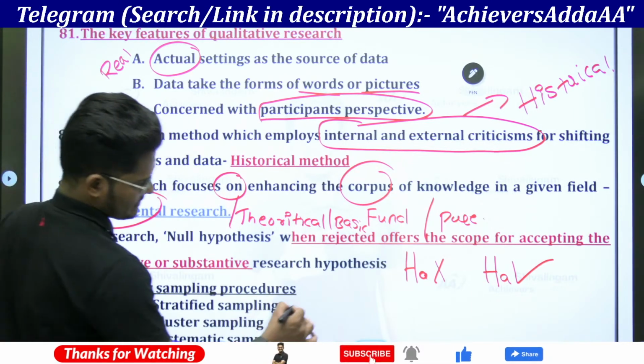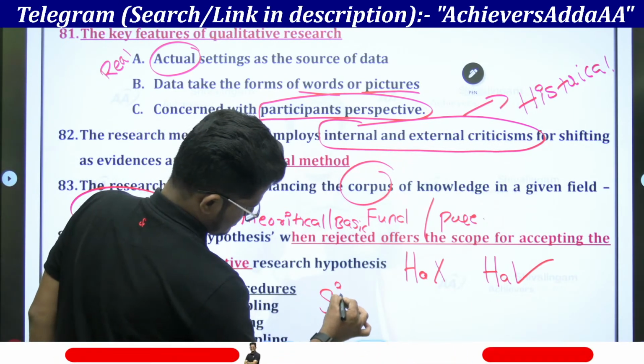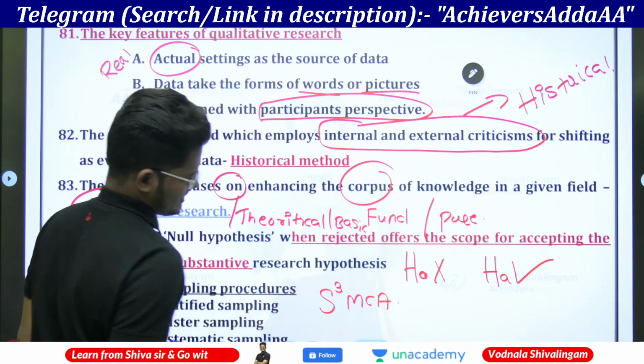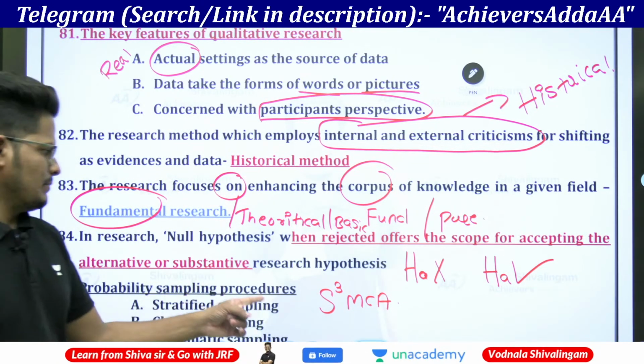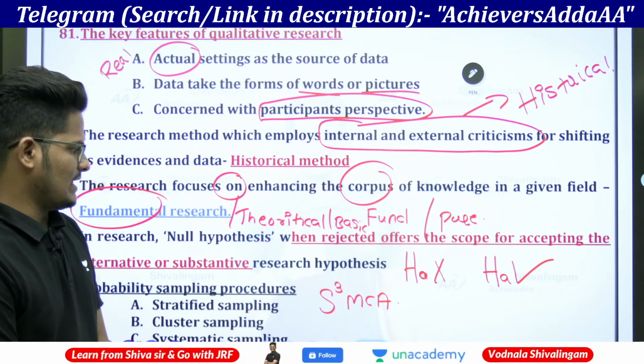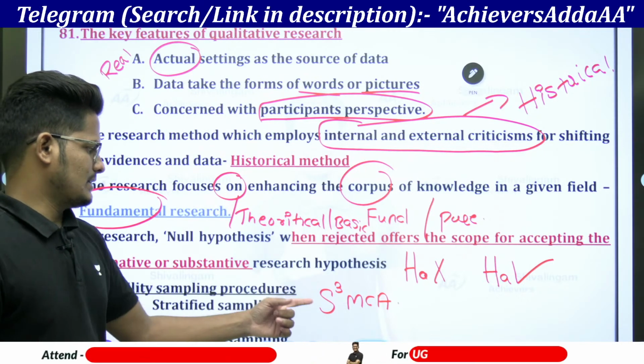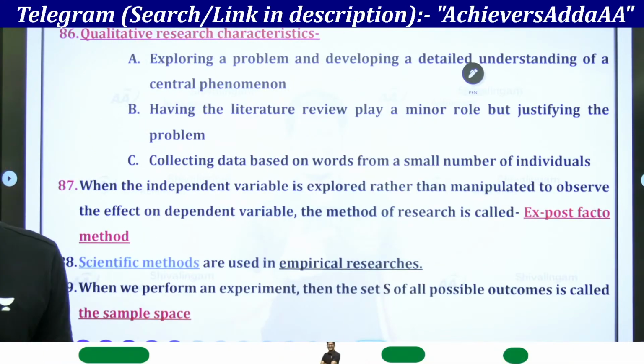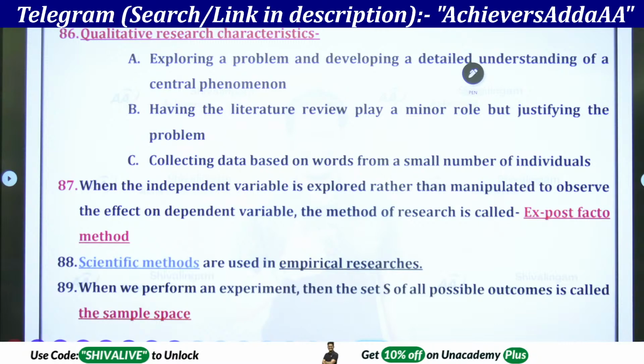Probability sampling techniques: S cube MCA. Simple, stratified, systematic, multi-stage, as well as cluster and area sampling are probability sampling procedures, right?